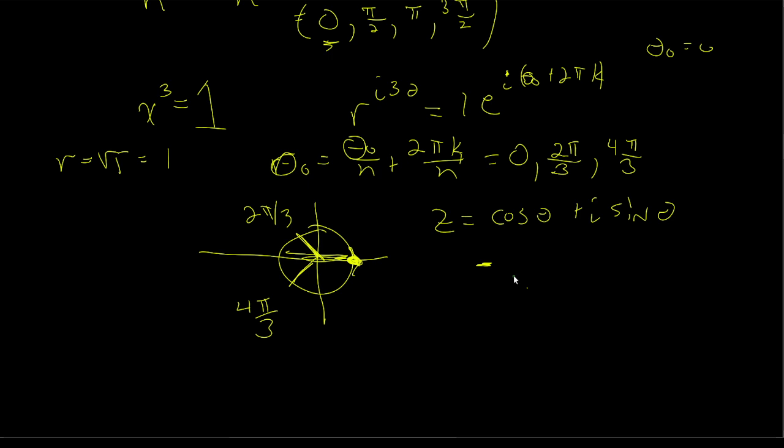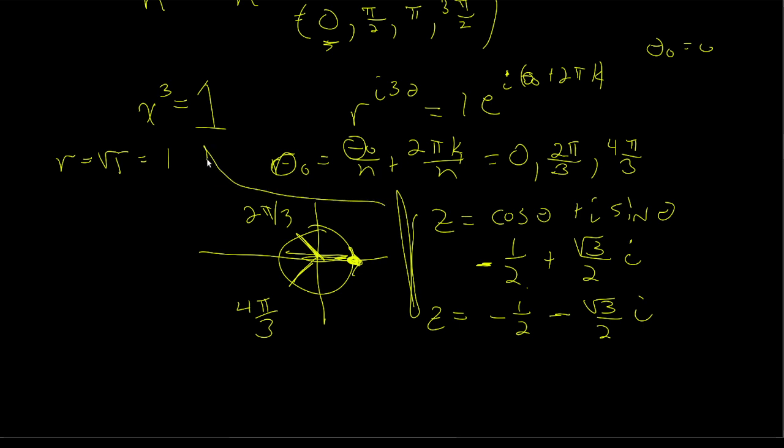So let's see, 2 pi over 3. For cosine the value is negative 1/2, and for sine, it's root 3 over 2 i. And if we look at 4 pi over 3, it's negative 1/2 minus root 3 over 2 i. And so there are these two imaginary roots that satisfy the fundamental theorem. We have values that have meaning and are useful for us.